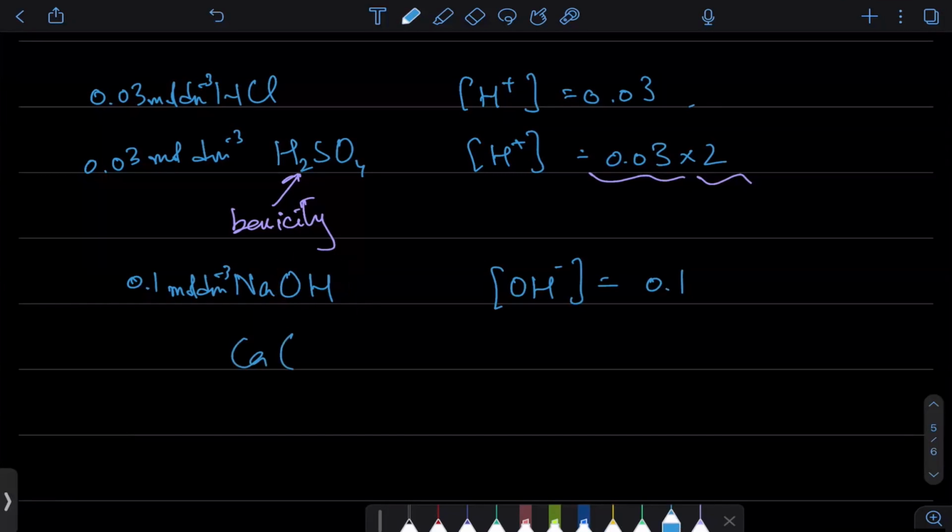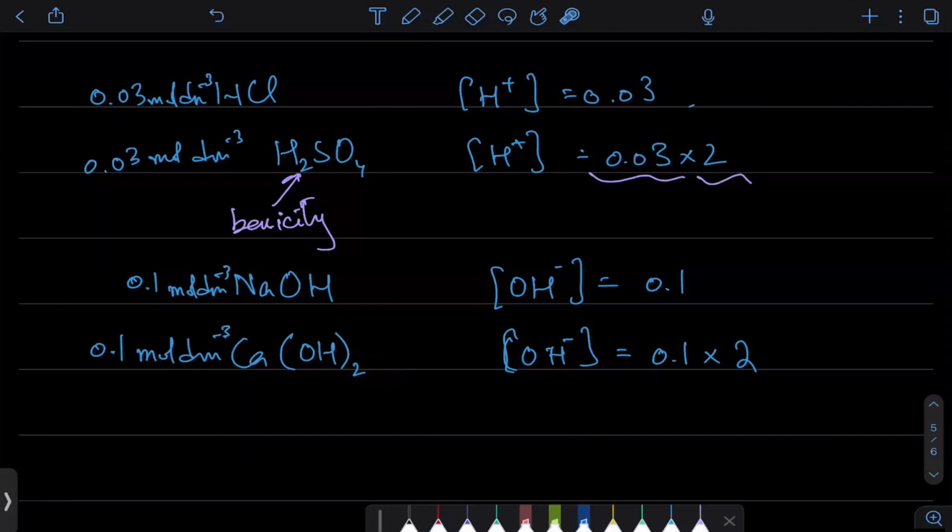But अगर मैं calcium hydroxide लूं and I assume, again, that calcium hydroxide is completely ionized, then the OH minus concentration is going to be 0.1 times this number 2, which is going to be my acidity of the base. Basically, कि OH minus कितने provide कर रही है ये base. So that is going to be times 2, which is 0.2 for the OH minus. And I will use that whenever I do calculations of pH or pOH.